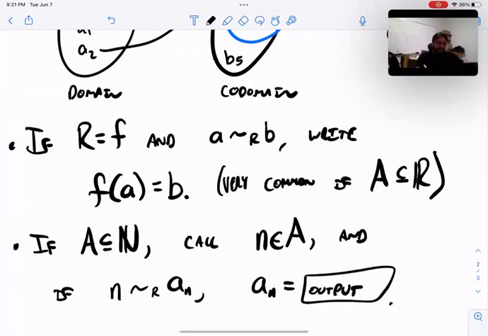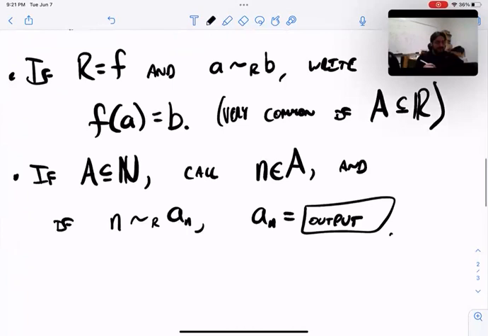This means the same thing. So instead of a of n, you could write a sub n. This would be equivalent notation to saying a of n. If the function gets called a, in the context of a sequence, this is very common.